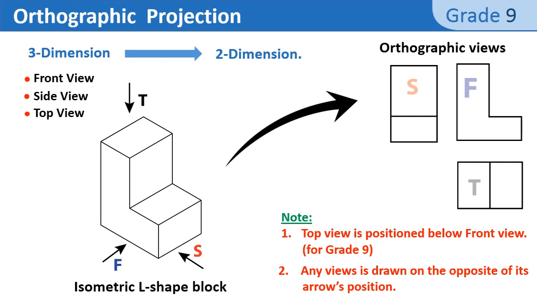Generally, the top view arrow will always be from the top, but the front view or the side view can be to the left or to the right hand side, depending on the question you are given. So you must check this arrow well.